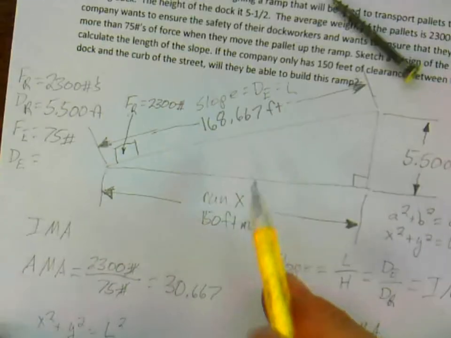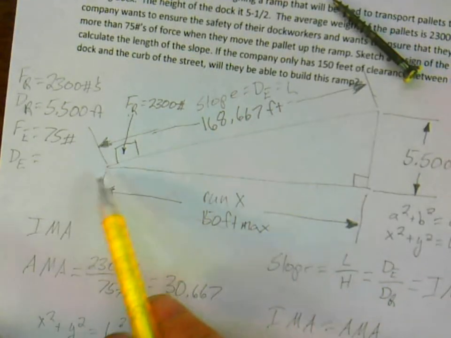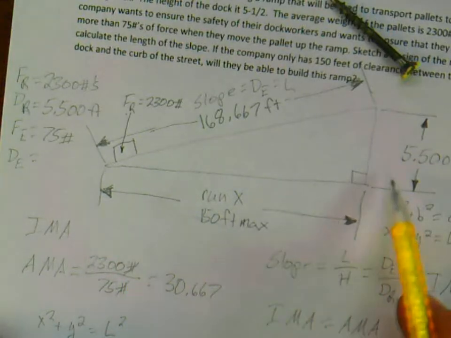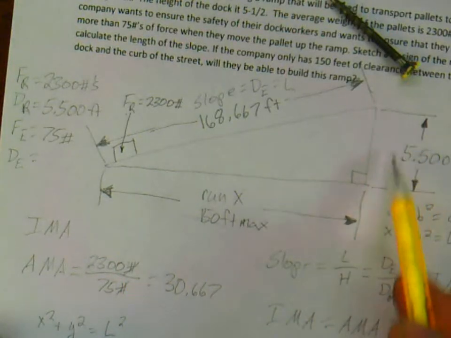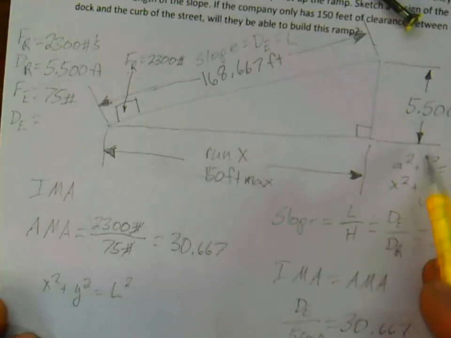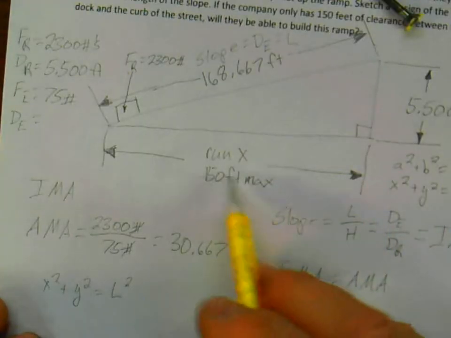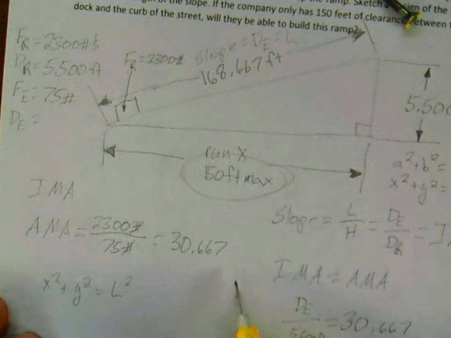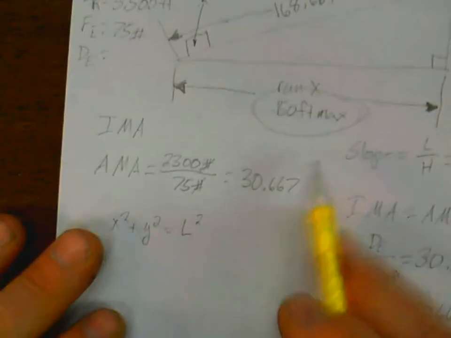So x squared is what I don't know, plus y squared, which is 5.500 feet squared, equals L, which is 168.667 feet, and we're going to square that as well.